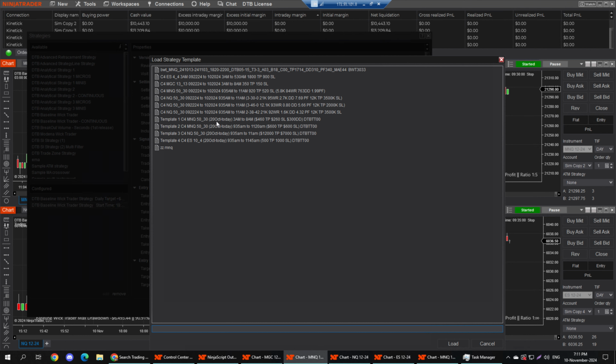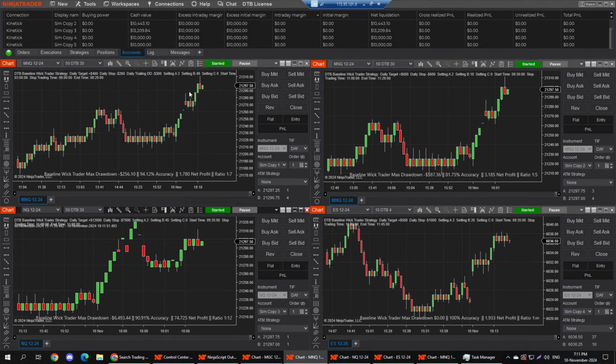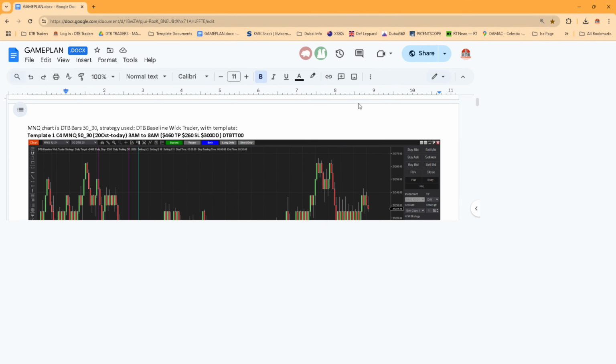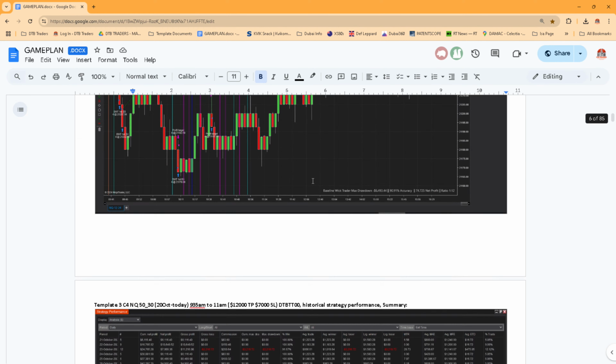So this template name, 1, 2, 3, and 4 is exactly the same as per the game plan. So you just load up the template over there, activate the strategy on the chart, and then you will end up having a situation like this where you've got all your strategies loaded. And the game plan itself has a screenshot at the bottom, after looking at all your performance.